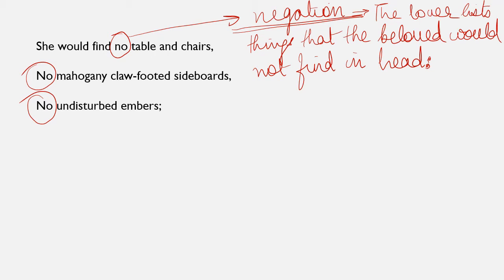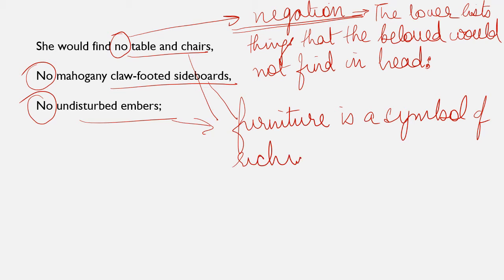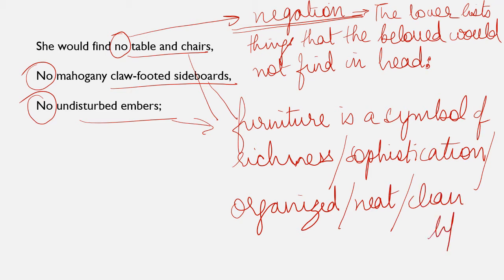Here basically he is talking of all the furniture, and all this furniture is a symbol of richness, a symbol of sophistication, and a very organized, neat, and clean life.